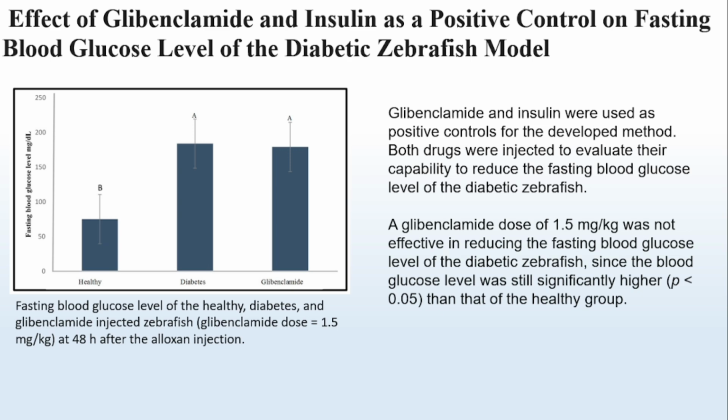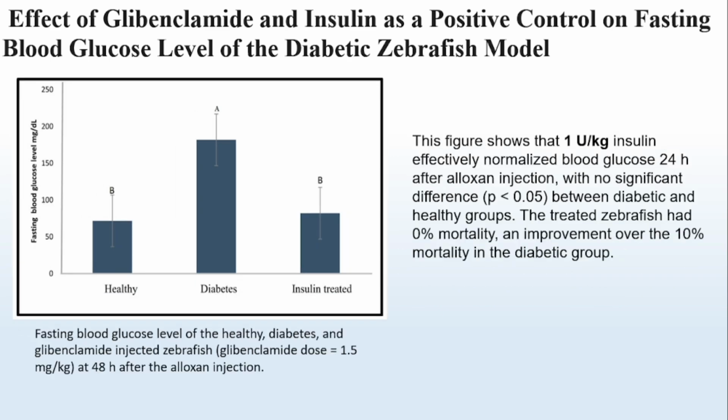As you can observe in the figure, we can conclude that treating with glibenclamide at the dose of 1.5 milligram per kilogram was not effective in reducing the fasting blood glucose level of the diabetic zebrafish. But there is no mortality in the glibenclamide group, and the diabetic group has a 10% mortality rate.